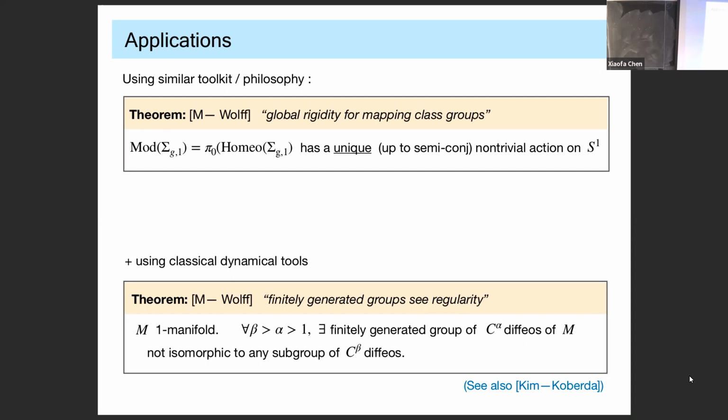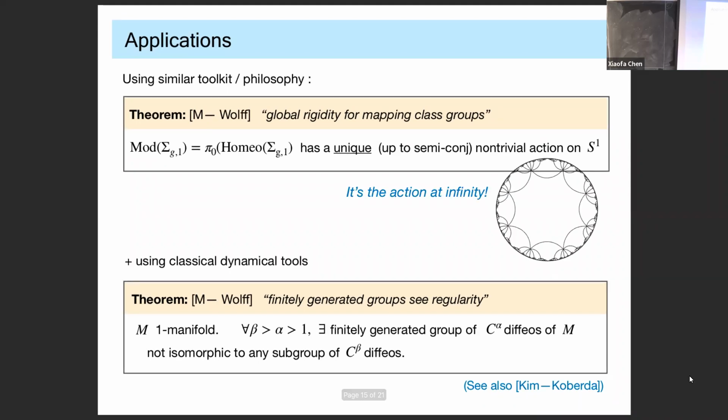Here's a group where we can totally describe the space of actions on the circle. It's two points, or three points if you care about the orientation of the circle and don't allow me to reverse orientation, up to semi-conjugacy: the trivial action and a non-trivial one.